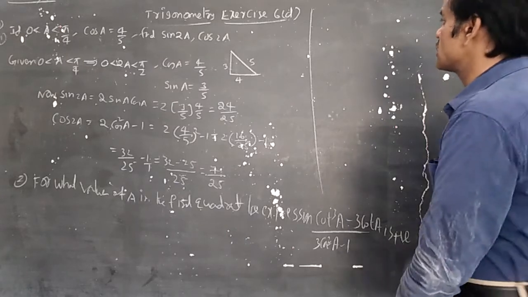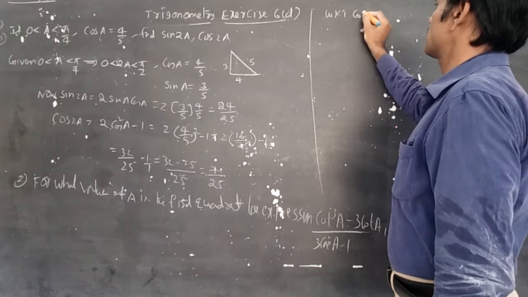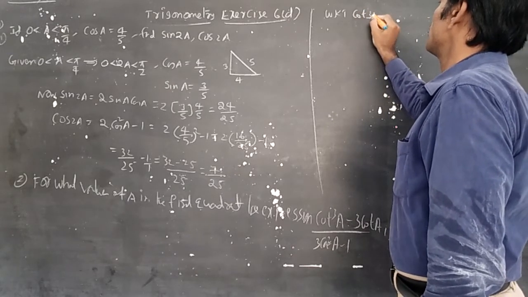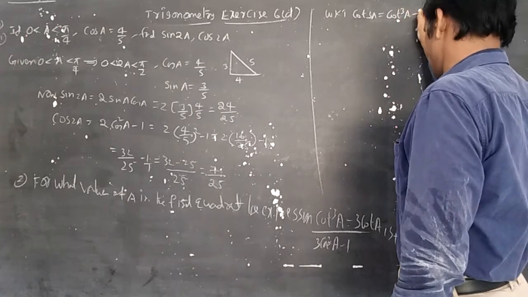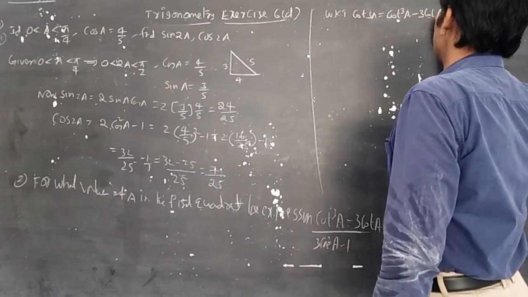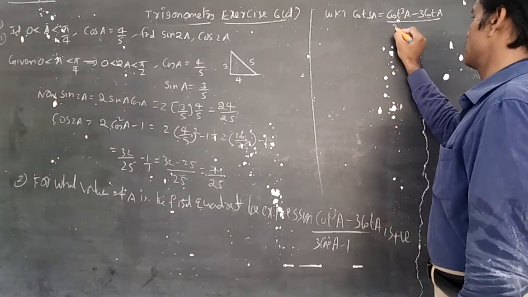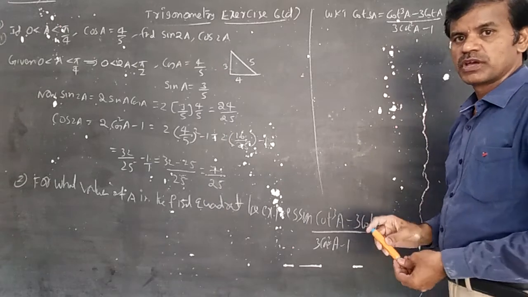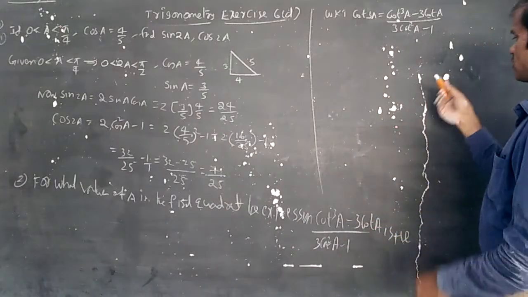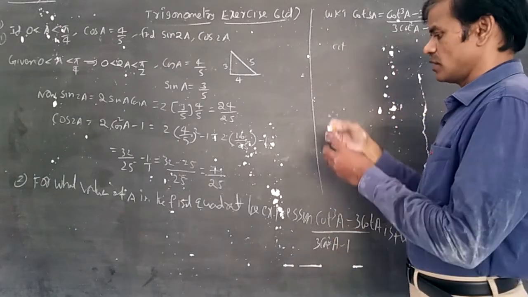We know that cot 3A is equal to cot cube A minus 3 cot A whole by 3 cot square A minus 1. So cot 3A is positive.